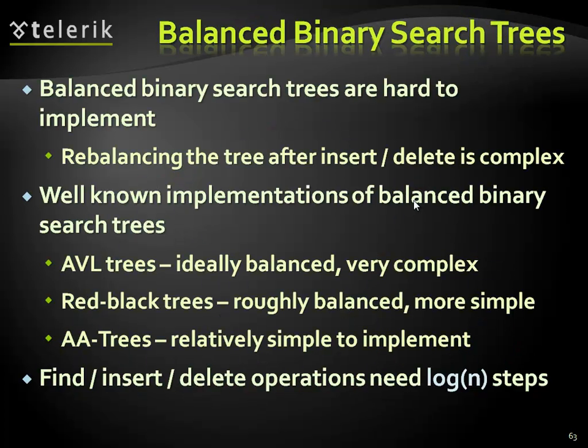Okay, so balancing binary search trees is very hard. It's difficult to write an algorithm which does this effectively. First it does this and then it does this effectively. There's a difference between these two things. It's easy to make a balanced search tree if you do it with a stupid algorithm.